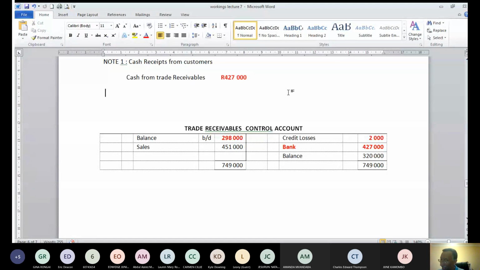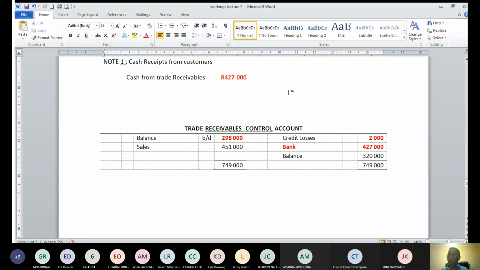I'm also now looking for any other income. I go to my statement of profit and loss and other comprehensive income. It starts off there with revenue, cost of sales, dividend income. Now, dividend income is income to the business, but because it is one of those abnormal incomes, we show it after the cash generated from operations.